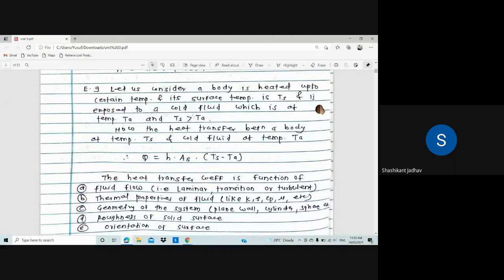So therefore Q is equal to H into As into Ts minus Ta. This is the Newton's law of cooling for this particular condition. Q is equal to H into As into Ts minus Ta.